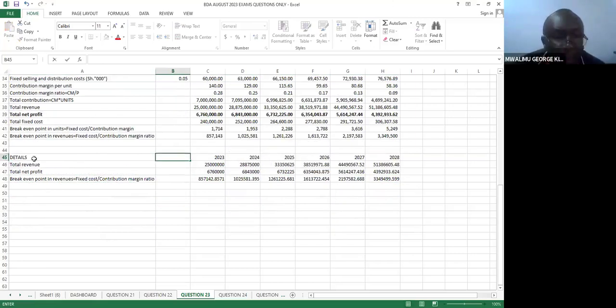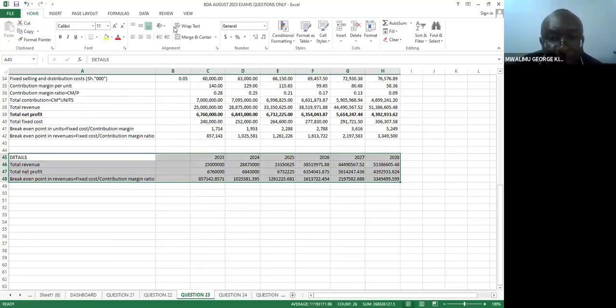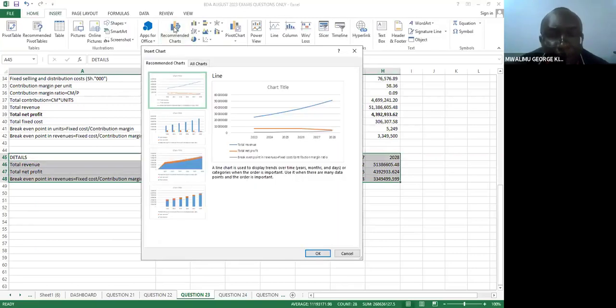So I can do away with this one. So I select these values here. I come and insert the recommended chart. So maybe they are recommending the right chart. Let's put the right chart, this one. Here they want to recommend. So we put that one.